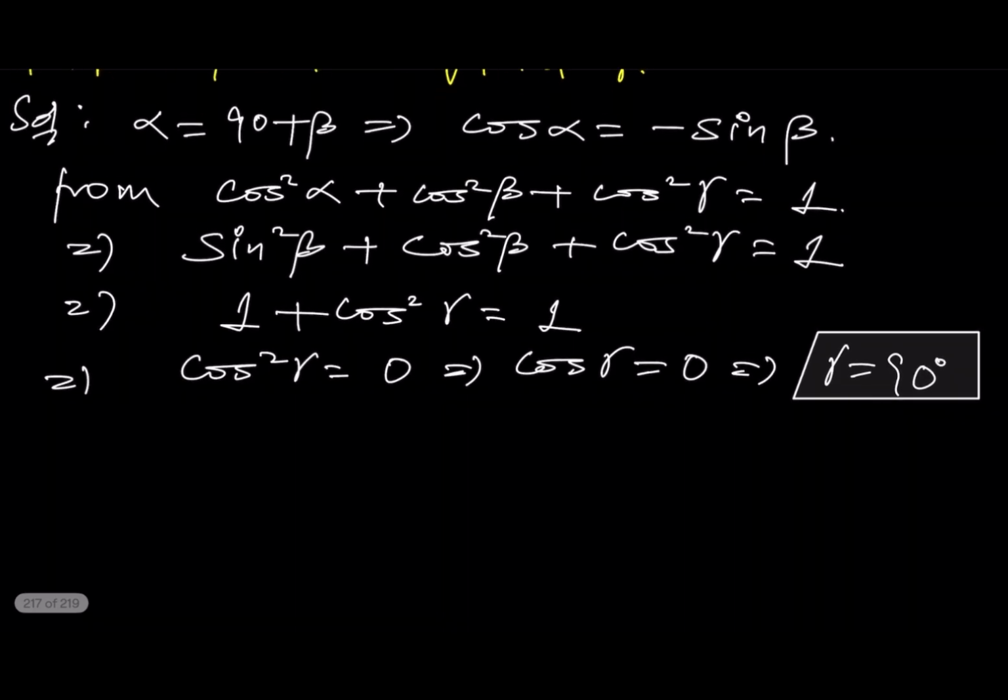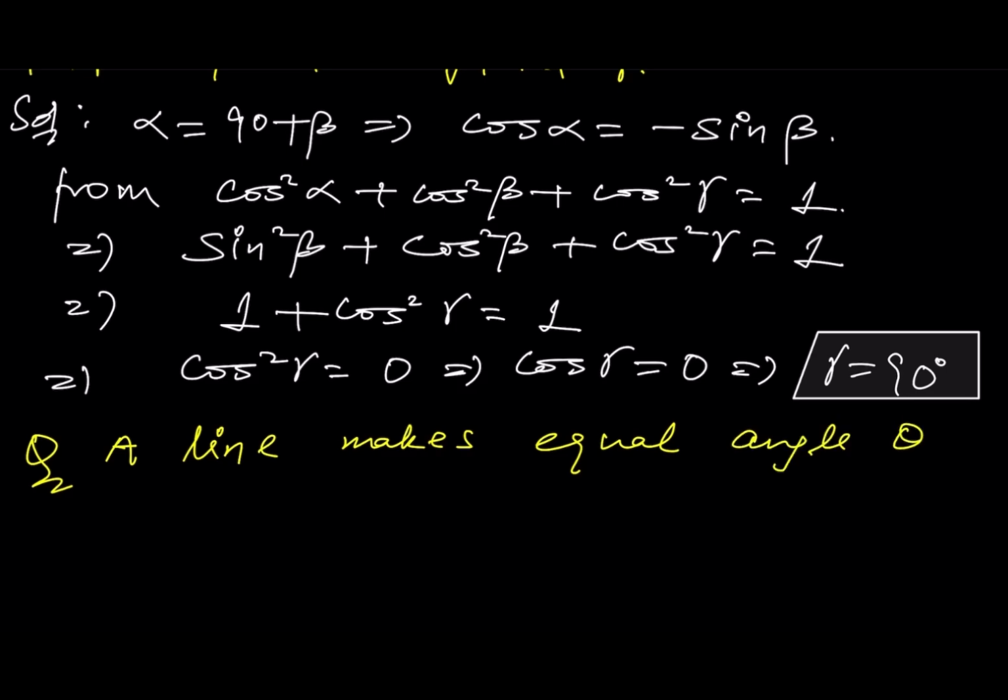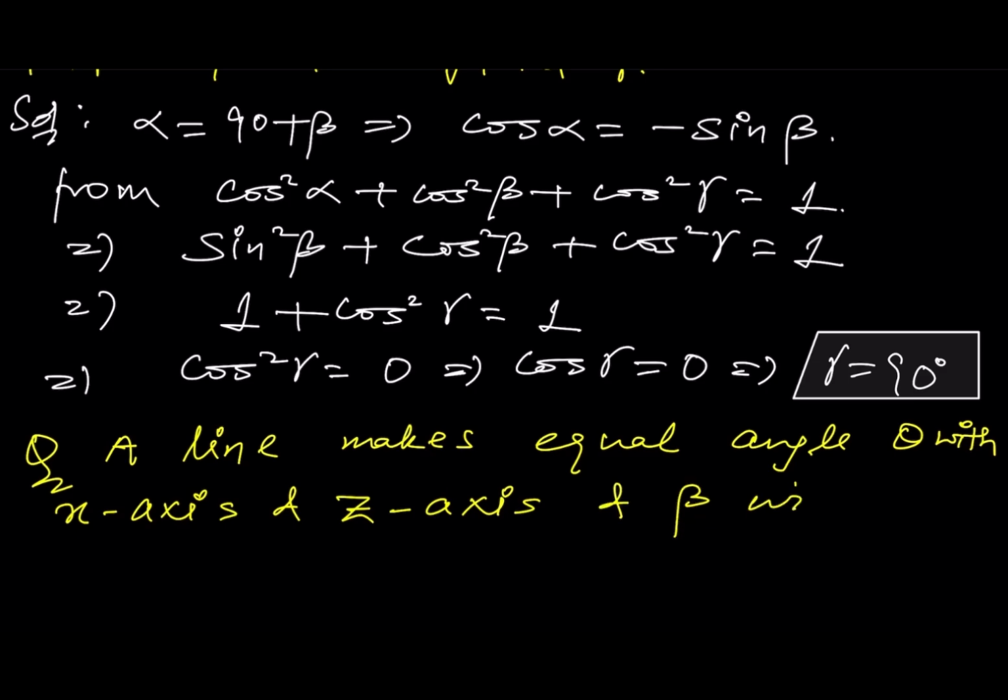Okay, now let's come to the next question. A line makes equal angle theta with x-axis and z-axis, and beta with y-axis, and sine square beta is equal to 3 sine square theta.